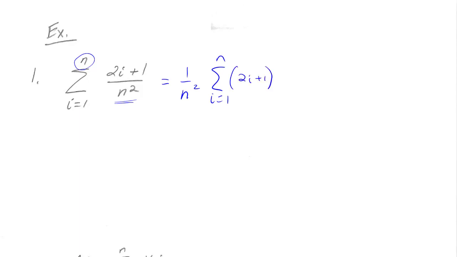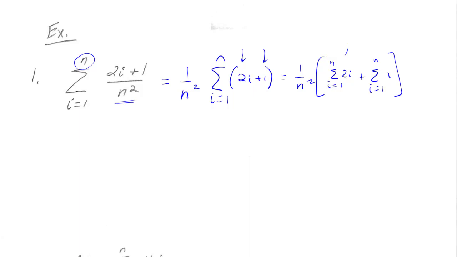Okay. And then the next thing is I can see that I have the sum of two different types of terms, so I can break that up. So 1 over n squared times the sum i equals 1 to n of 2i plus the sum i equals 1 to n of 1. All right.